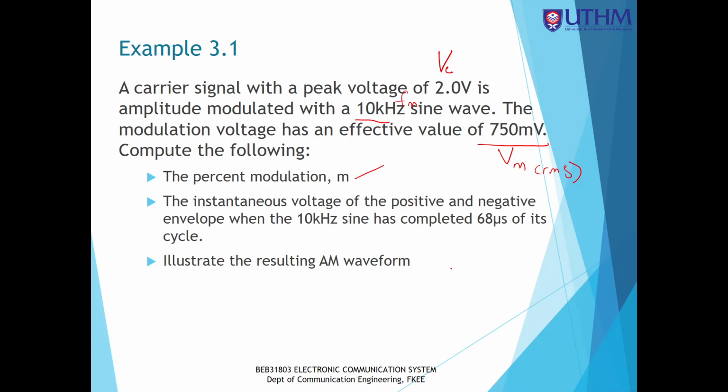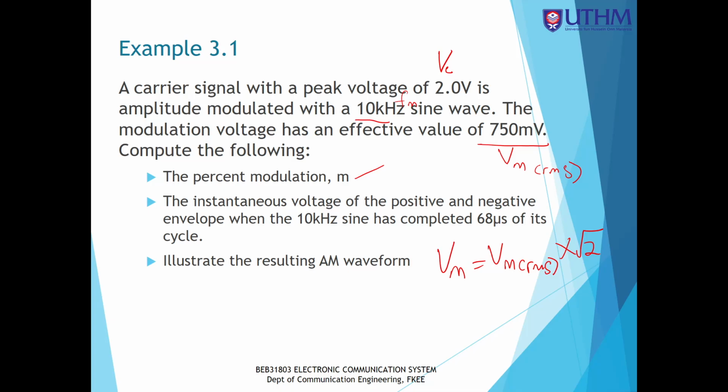When you want to write the percentage in terms of modulation index, you need to find the peak value. Vm peak is equal to Vm RMS multiplied by square root of 2.